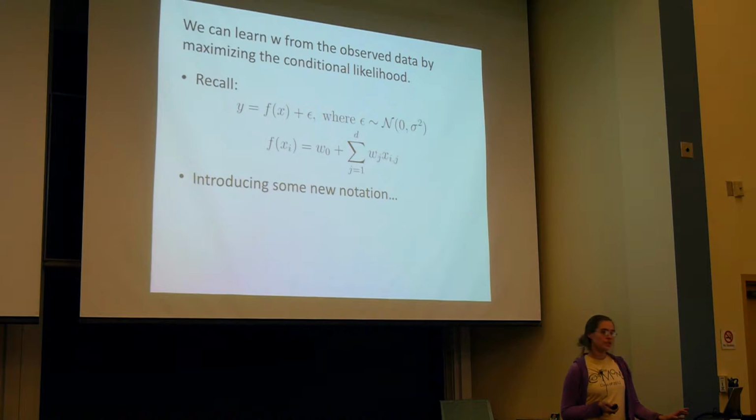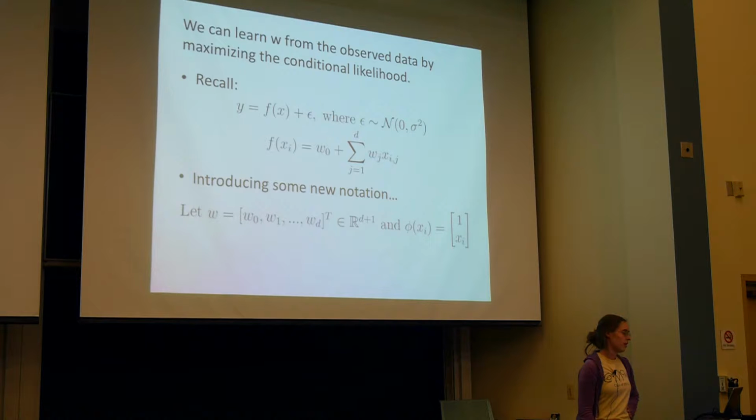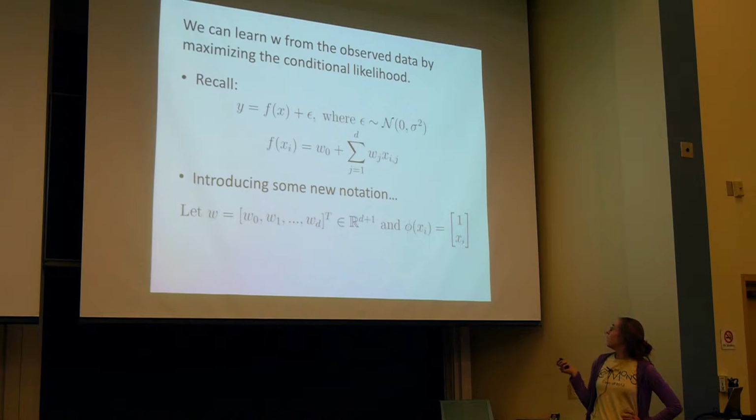And just some new notation for mathematical convenience and to tighten things up as we're going through. Let's put all the elements of w, including the intercept w0, into one vector. It'll be a d plus one dimensional vector. And then we're going to make this transformation of x, phi of x, where we add in this extra 1 component to the top of it.